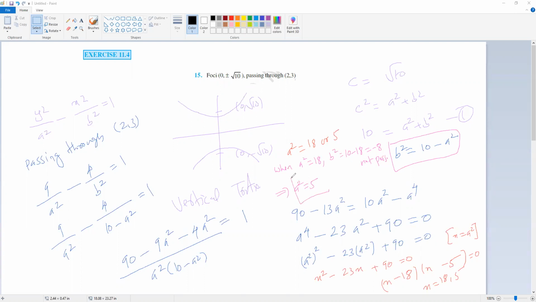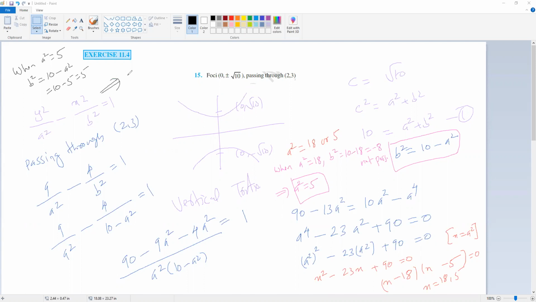Got it? So when a square is equal to 5, b square is 10 minus 5 which is equal to 5.